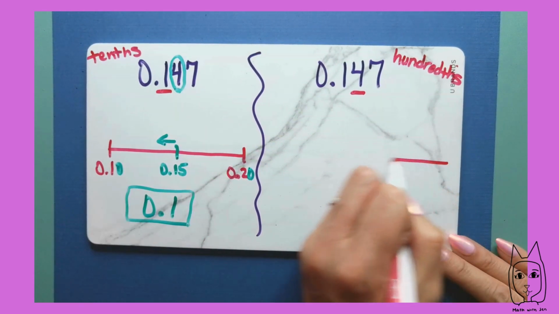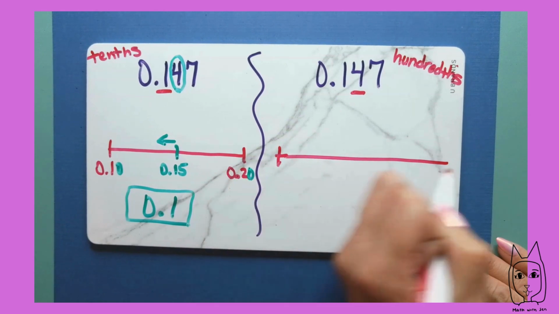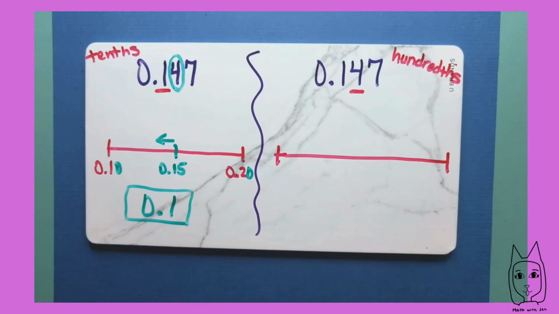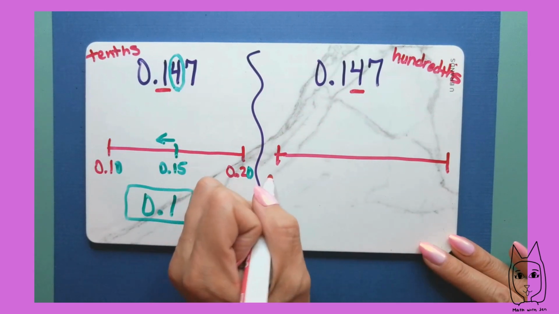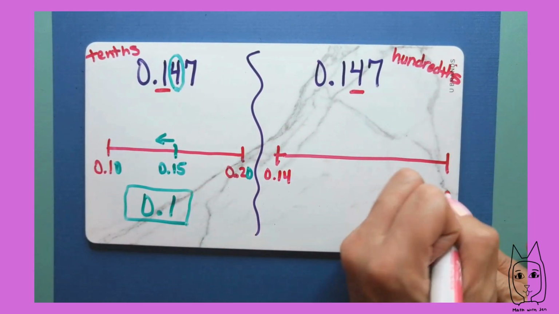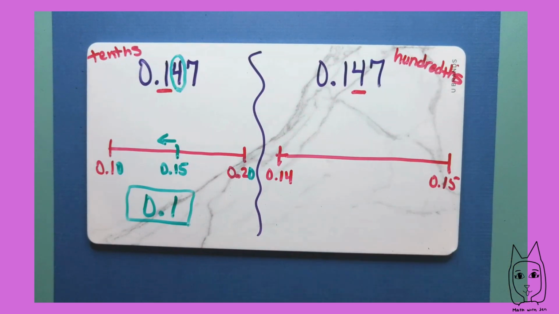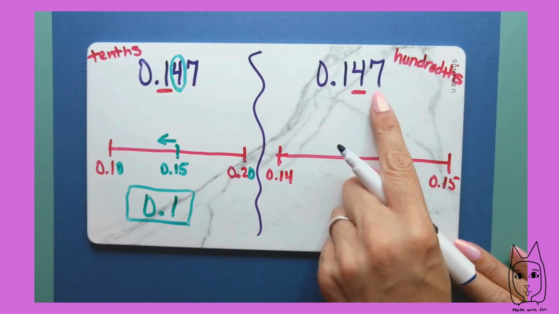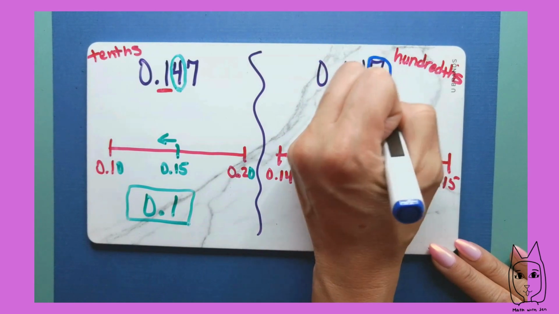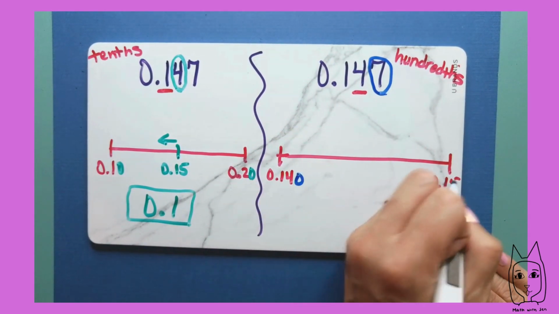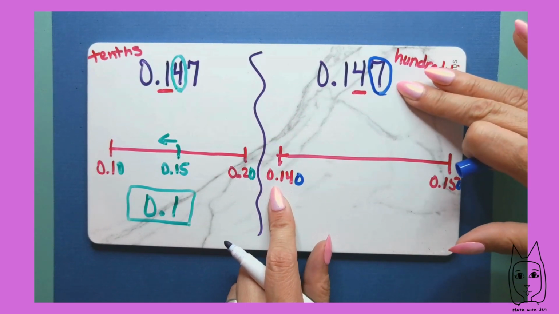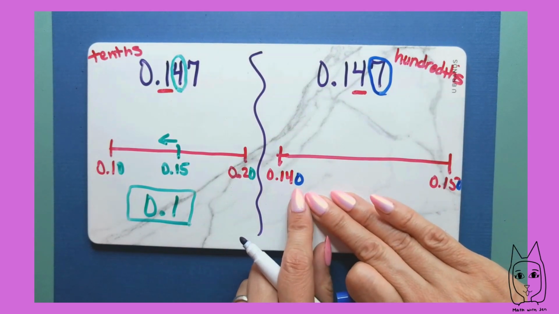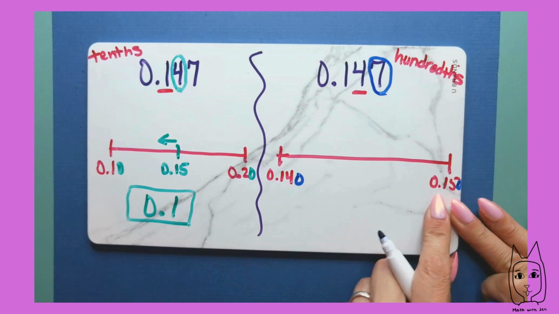We're going to round the same number, but we're rounding it to the hundredths place. It's either going to stay 14 hundredths, or it's going to round up to 15 hundredths. For the halfway mark between these two, I'm going to be using the thousandths place. I'm going to add a 0 to both of these, so now I have thousandths equivalents. I have 140 thousandths and 150 thousandths.